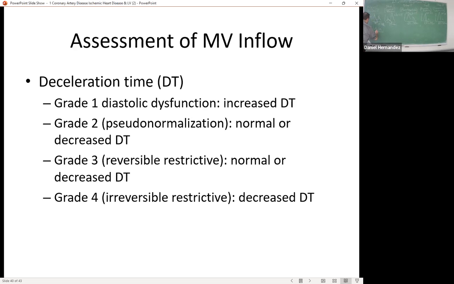So we still have a larger E and a smaller A. Just the amplitudes are less. In a patient with impaired relaxation, when they Valsalva, the waveform is going to look essentially the same. We're going to have small E and a bigger A. So we still have that E/A reversal with Valsalva.